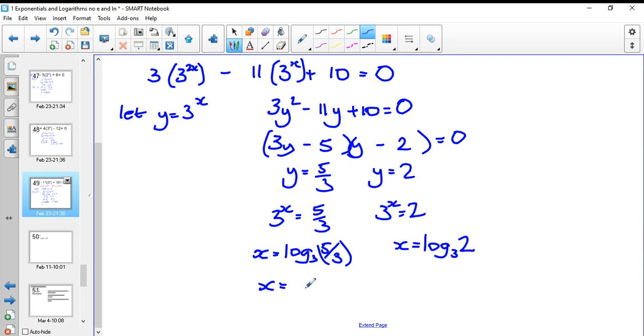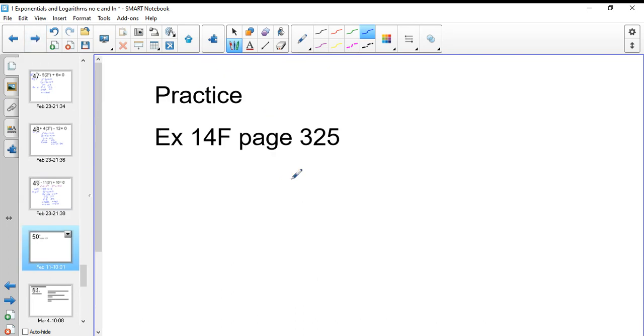So again, either leave it like that or stick it in your calculator. First answer is 0.465, and then the second answer is 0.631. Okay, now based on this and the previous two videos, you should now be able to have a go at those exponential equations on exercise 14F.